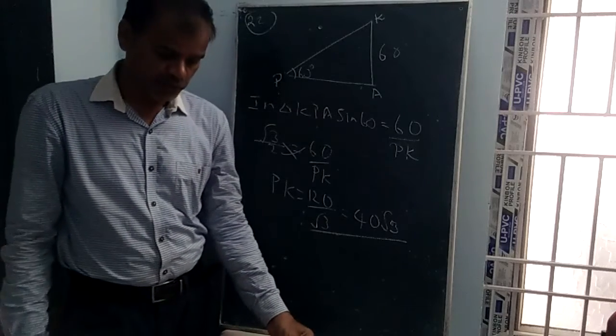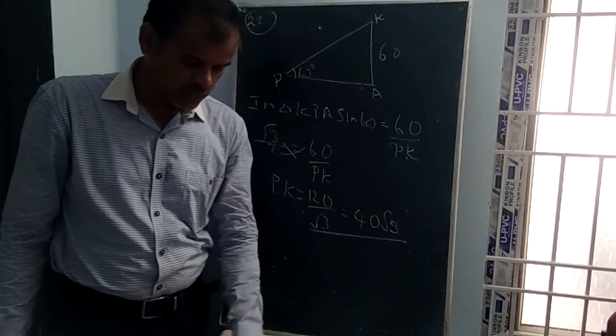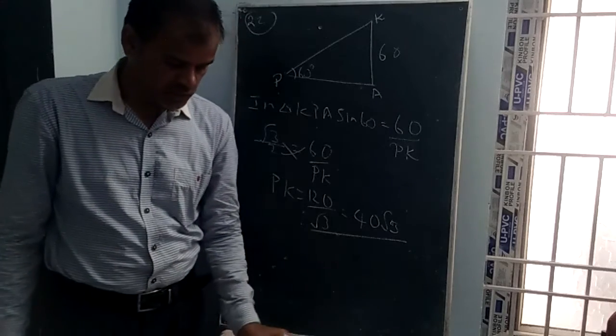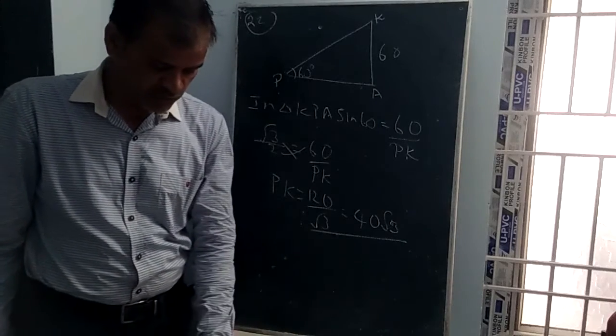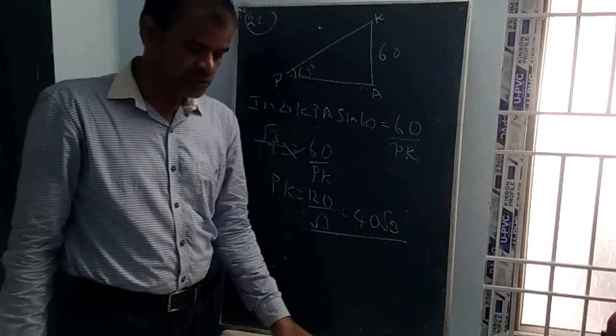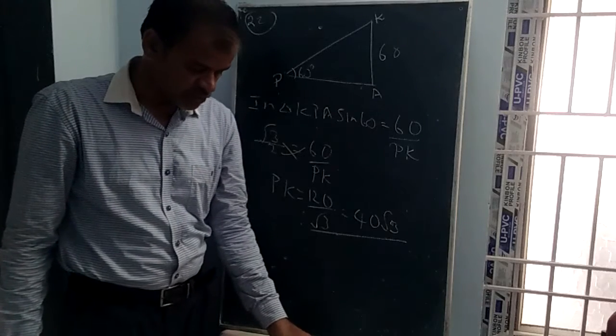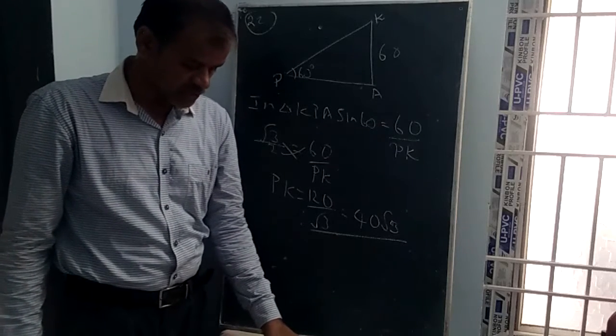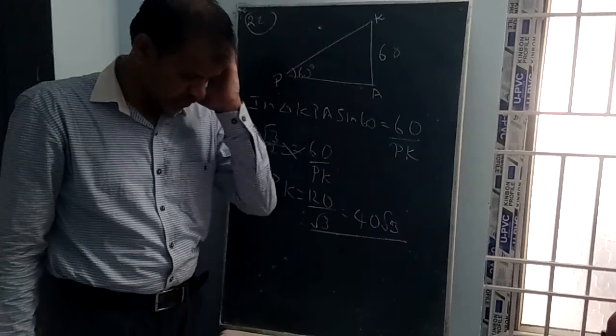Now level 1 we have completed. Let us discuss some questions in level 3, because many questions in level 3 are given from JEE Mains. Whatever questions are important in level 3, I want to discuss with you.